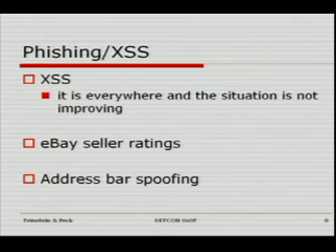Phishing and cross-site scripting. Cross-site scripting is the seemingly ubiquitous vulnerability. More are being created each day than are being found, and they're just going to continue to be there. What used to be just a cute little attack that you could use to show how a website was coded poorly, to show an alert, is now being used for serious malicious activity, and we're seeing that more and more every day.